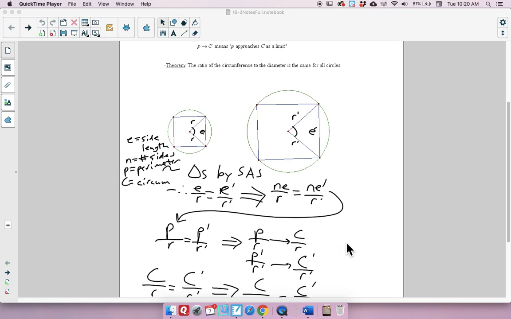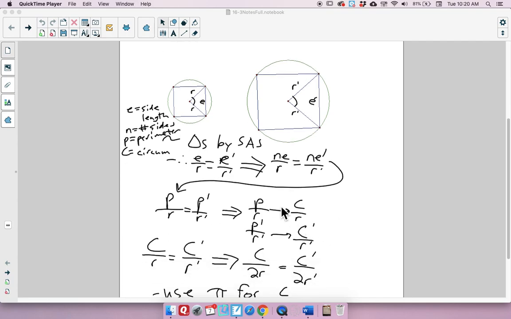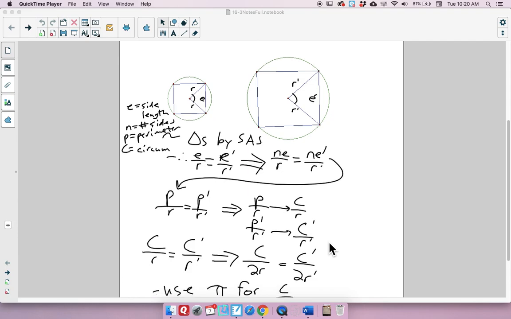Okay. And we know that the perimeter is going to approach, as a limit, the circumference as the number of sides increases. So P over R is going to approach C over R, and P prime over R prime is going to approach C prime over R prime. Okay.